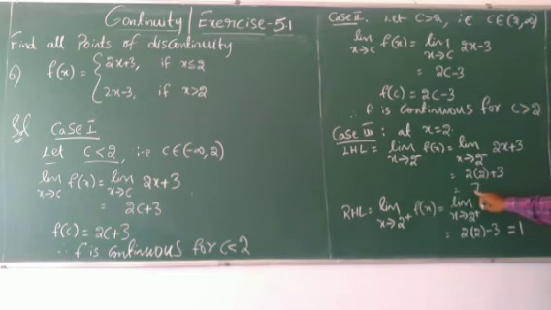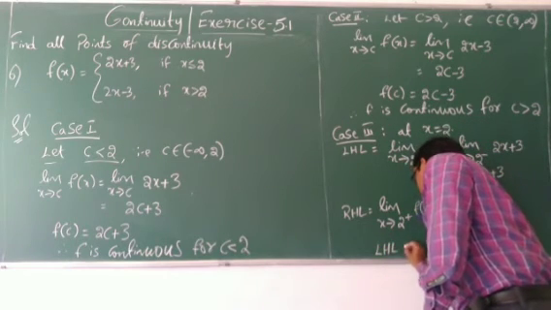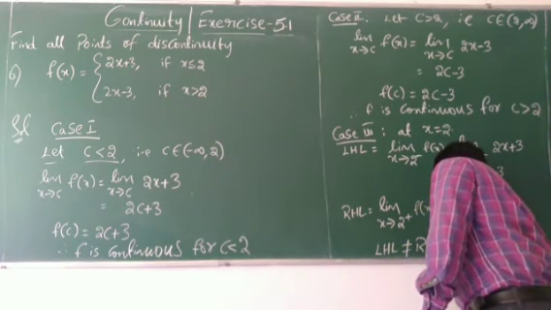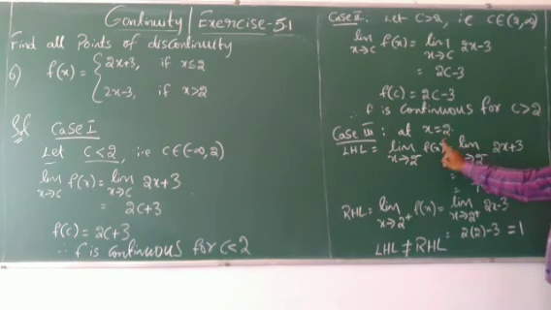Left hand limit is equal to 7, right hand limit is equal to 1. They are not equal. Left hand limit is not equal to right hand limit. Therefore, what can we write?